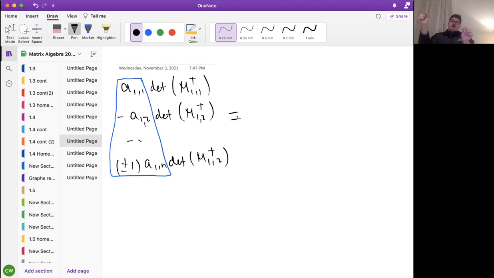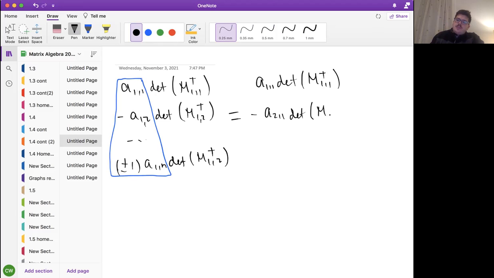Where does A12 go when you transpose? So what does transpose mean again? Right. It's going to be A21, determinant of M.